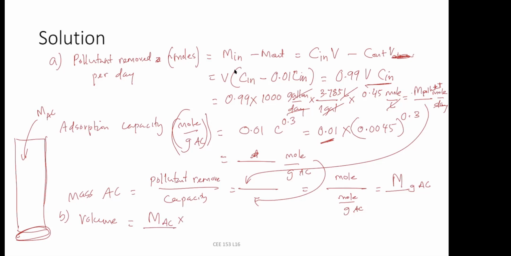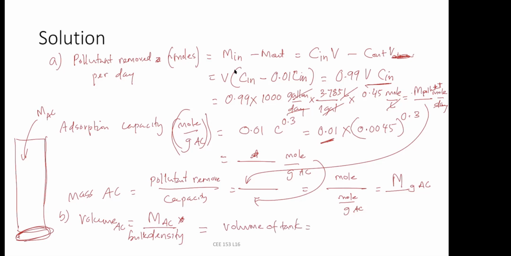So if you divide by density or bulk density, you get the volume of activated carbon. If you know the volume of activated carbon, if you start pouring in, you just have to calculate how high it will go. If you know the area, so this should be the volume of tank.